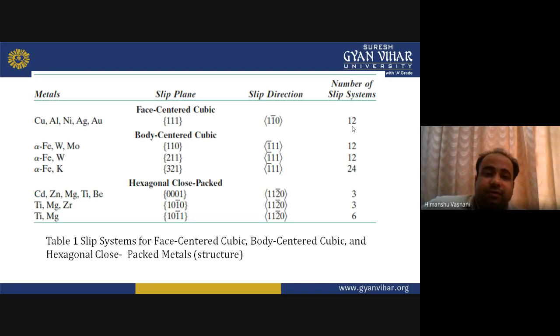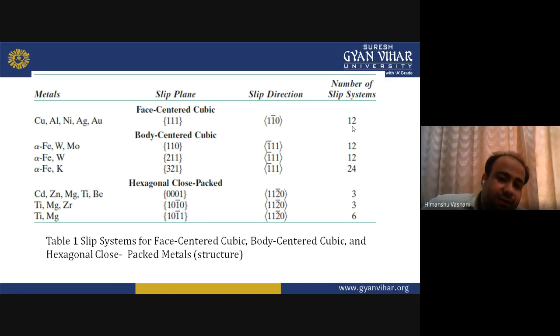In the BCC structure, we have alpha iron and molybdenum, and you have slip planes of 110, 211, and 321, having different directions, with the number of systems being 12, 12, 24.